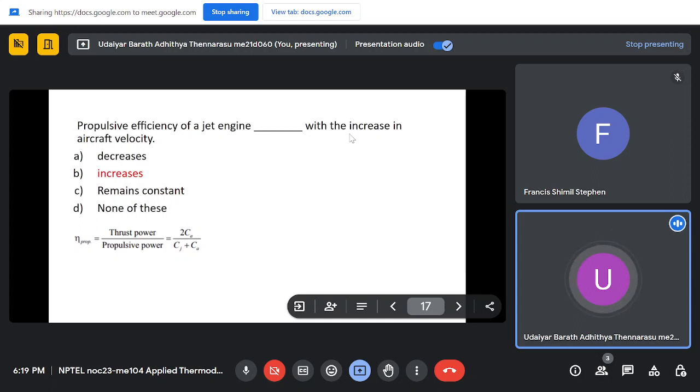If Ca increases, your propulsive efficiency will go up, because there is a factor of two in the numerator, so it will create an increase in the propulsive efficiency of the jet engine. So if aircraft velocity increases, the propulsive efficiency will increase.